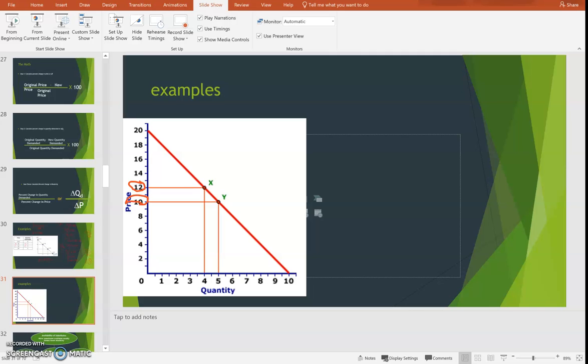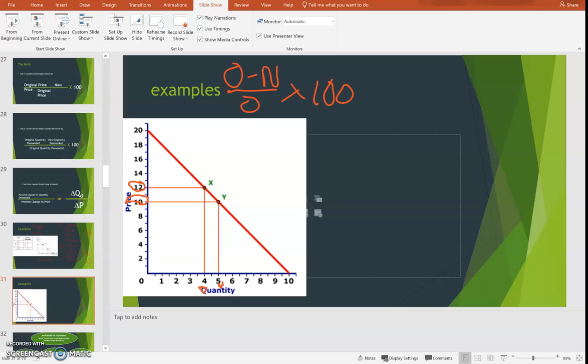And then our original quantity is 4, sorry, original quantity. And new quantity is going to be 5. That's an N, by the way. All right. So, my formula is original minus new over original times 100.